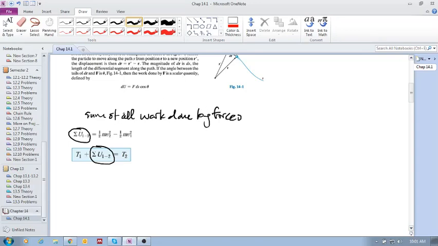We know that work is only done by a force when a particle moves in the direction of the force, but we'll get to that in a minute. Just take note of this equation.